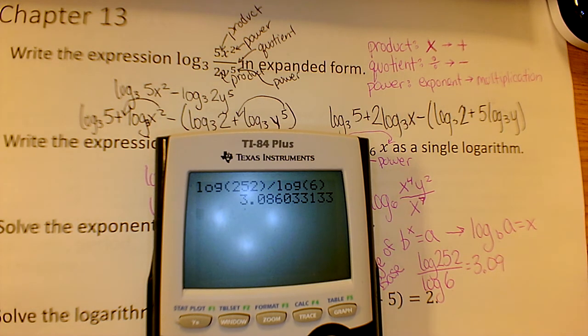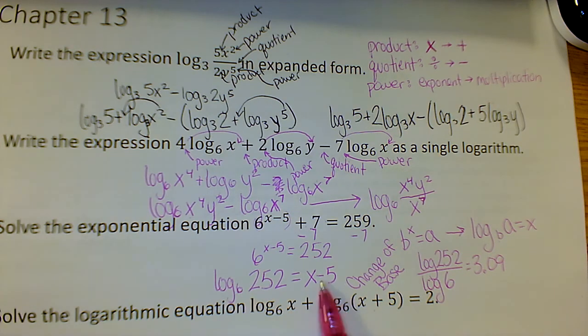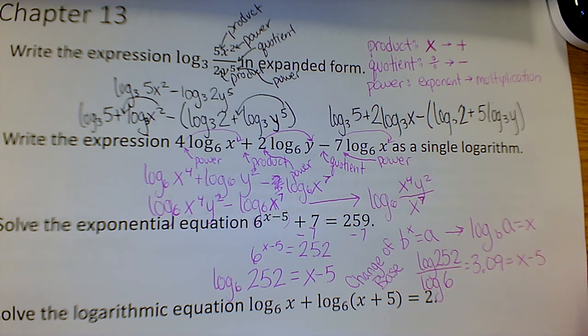And we can round to 9. And that's great. That solves this part, but that equaled not x, but x minus 5. So we're right there, and to solve for x, we'll just add 5 to that.